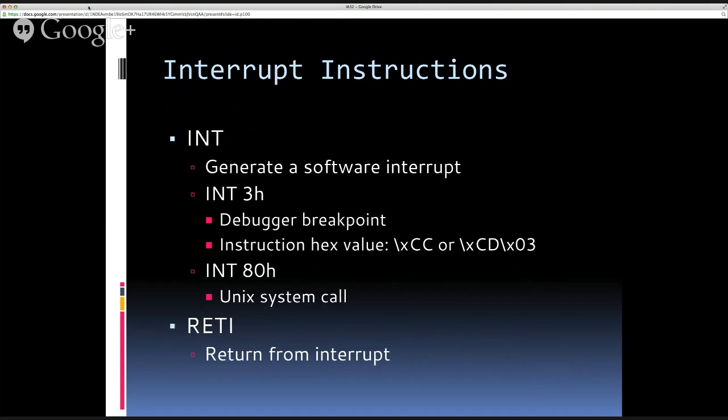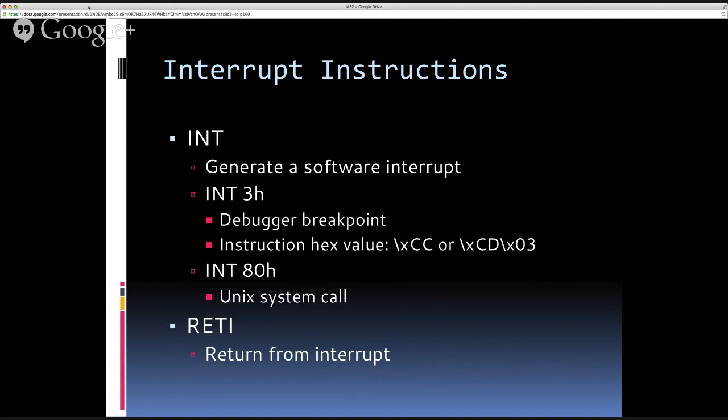When execution encounters that CC, it triggers an interrupt, which your debugger handles, and that's how you get the program to stop. When you continue, you step forward, the debugger restores that original instruction and executes it. So each single step is essentially handling each one of those exceptions.